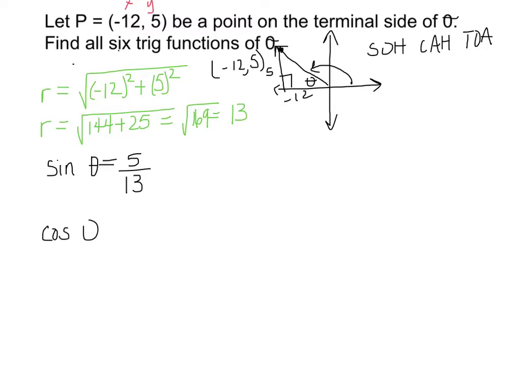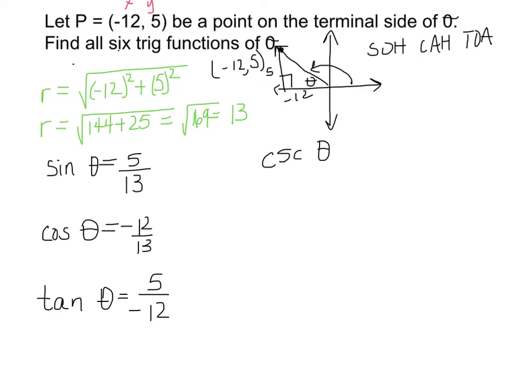Cosine, remember, is x over r. And then we have tangent, which is y over x. And remember, if we have sine, cosine, and tangent, we have their reciprocal functions as well. So these 3 would be the reciprocals.